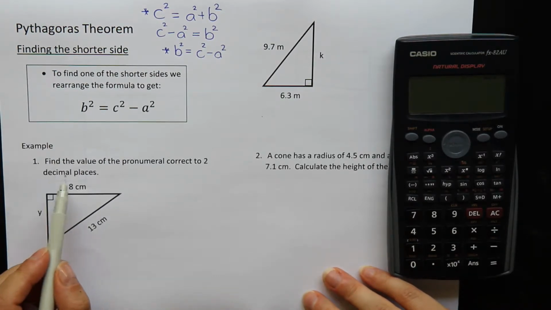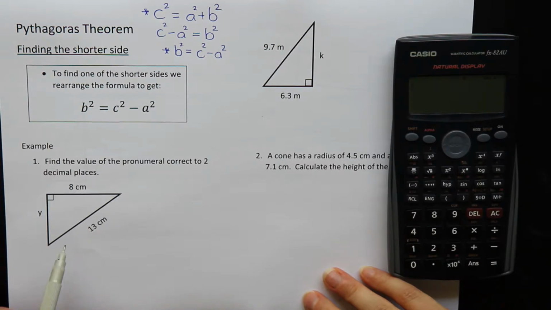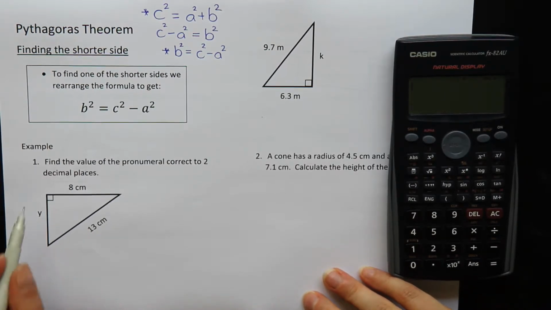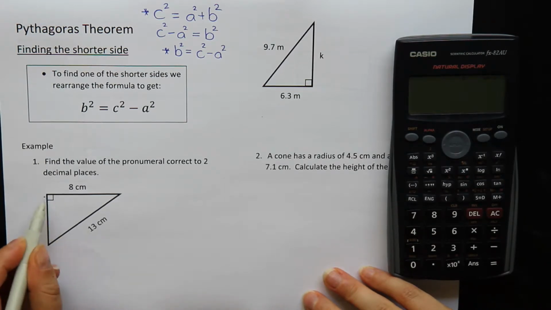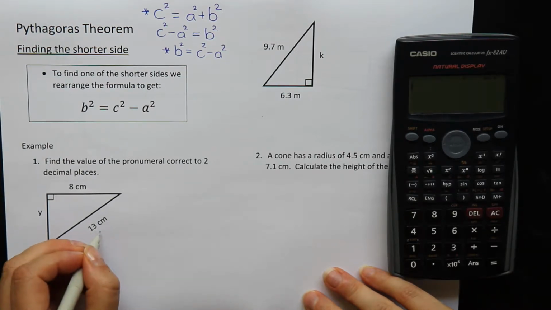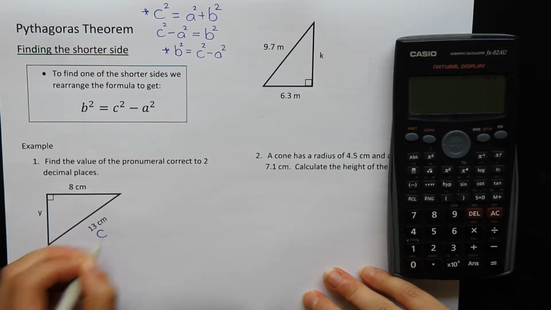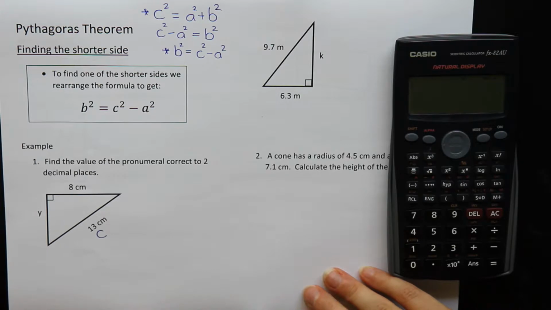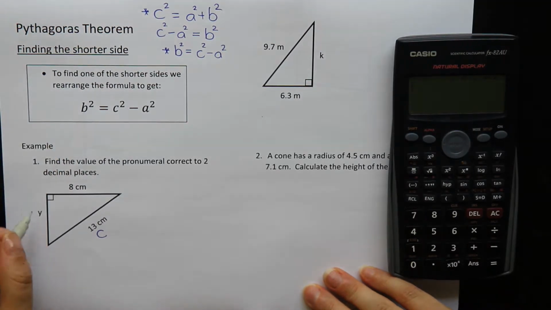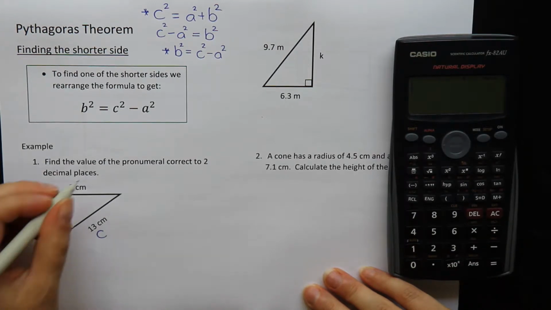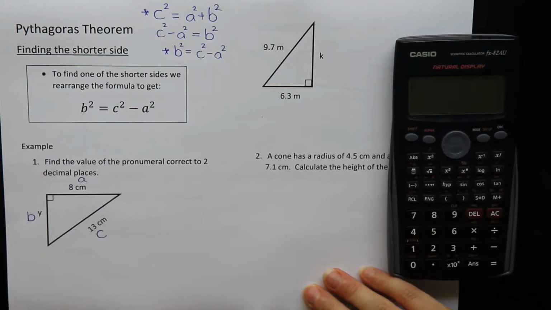We want to find the value of the pronumeral correct to 2 decimal places in this question. So, like last time, our hypotenuse is the side straight across from the right angle, and it is always called c. So 13 here is going to be called c. The side we want to find, because we've got our formula here with b by itself, if we're trying to find this side here, we want that to be our b, which makes this one a.